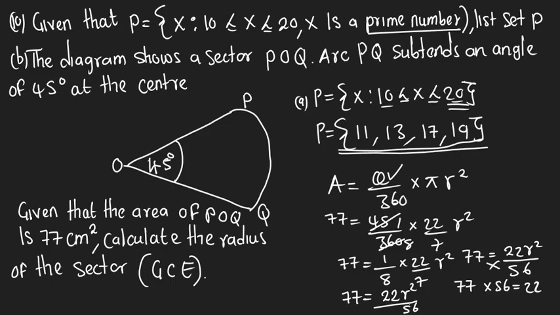I was thinking maybe for the 22 over 56, we try dividing by 2 to simplify it. In 22 we're having 11, right? And then in 56 we're having 28.